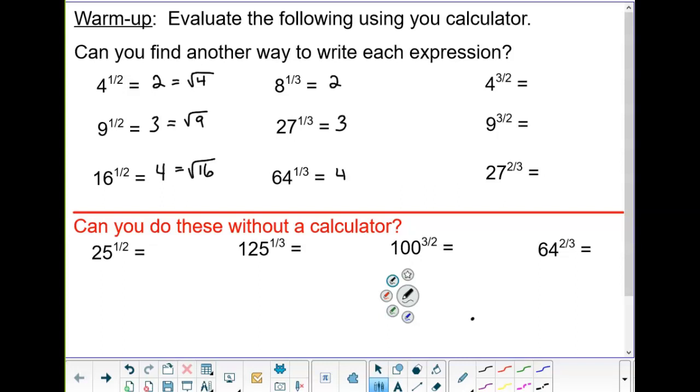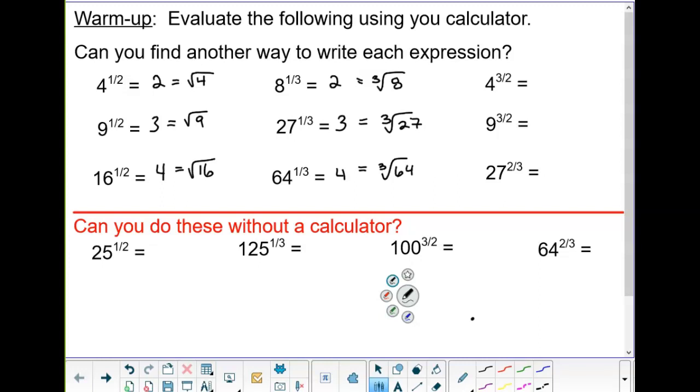Cube root. Okay. If I take the cube root of 8, which you might not know where that is on your calculator, I'll show you, or the cube root of 27, or the cube root of 64, you'll get those same answers.